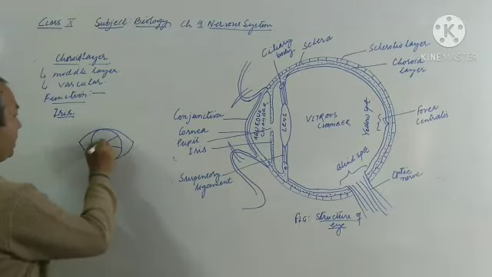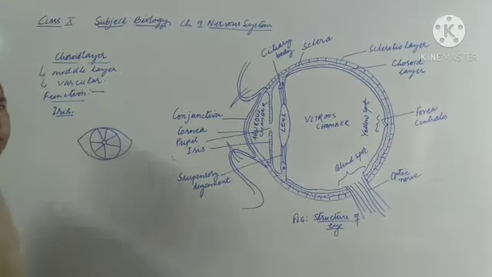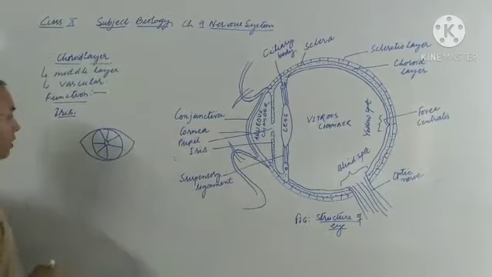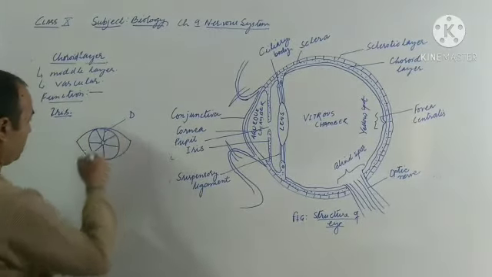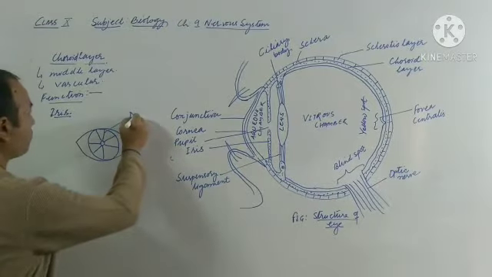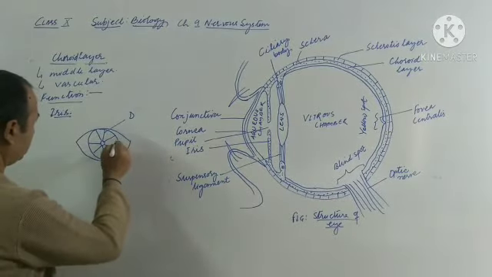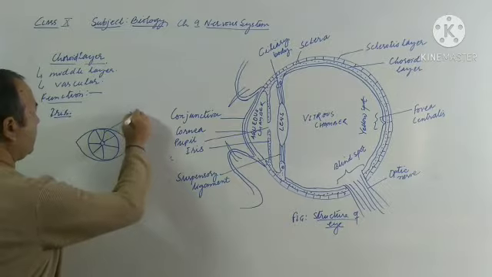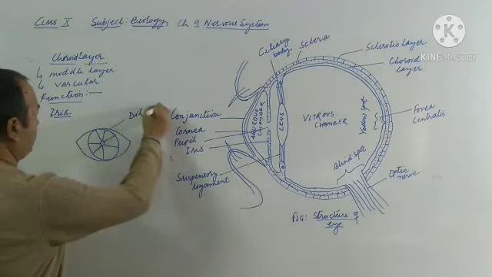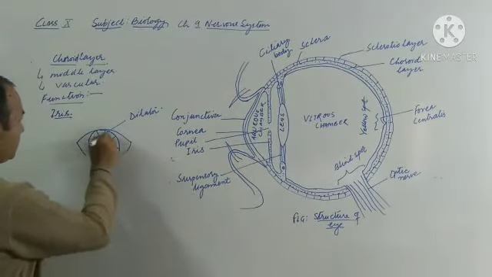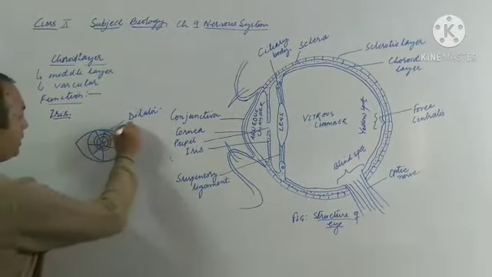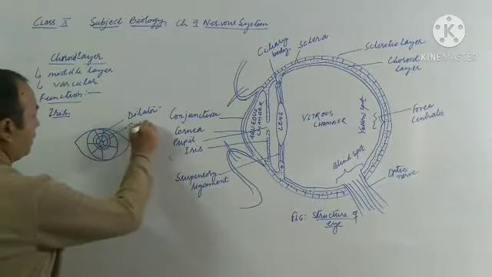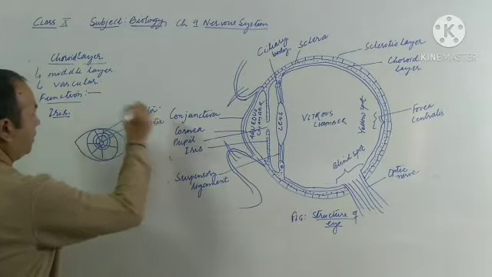This colored part of the eye, that is the iris, consists of two different types of muscles. One is called the dilator, which is radially present, and then the circular muscles surrounding the pupil are what we call the sphincter.